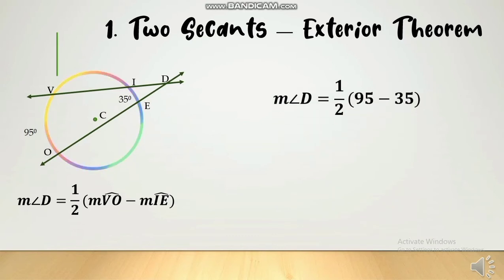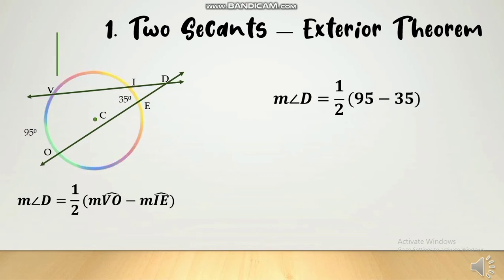So the measure of angle B is equal to 1/2 times the quantity 95 minus 35. So 95 is the measure of arc VO and 35 is the measure of arc IE.